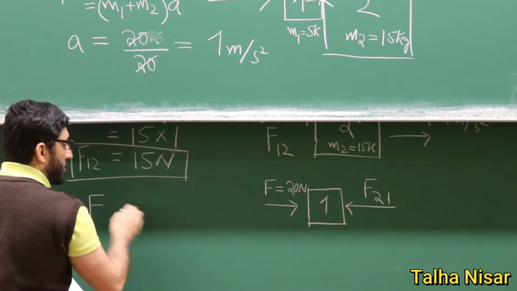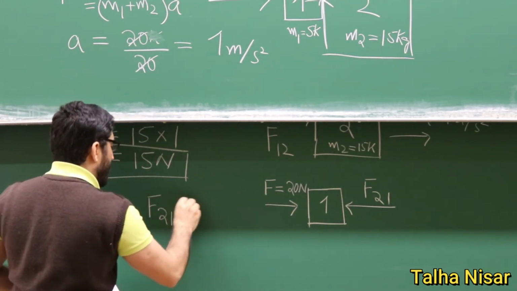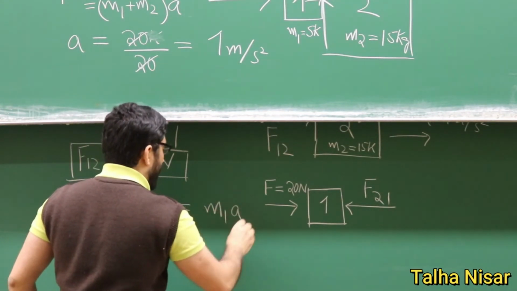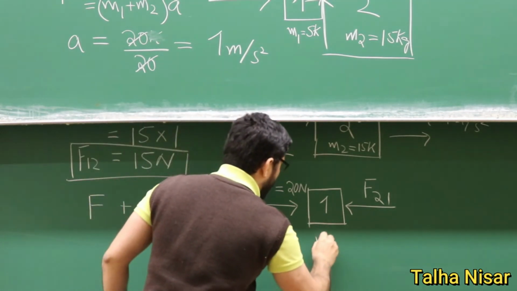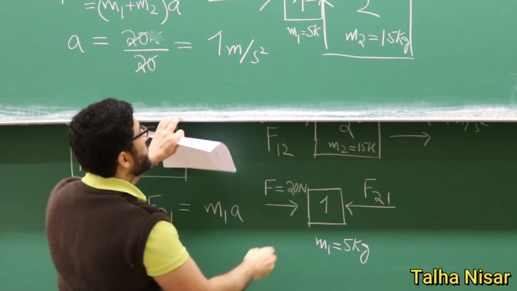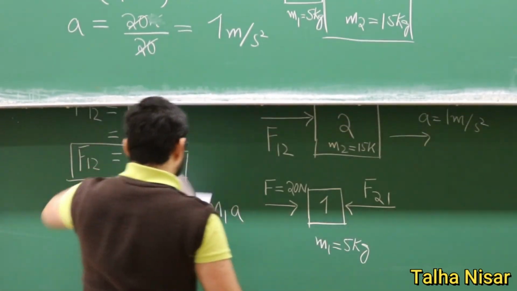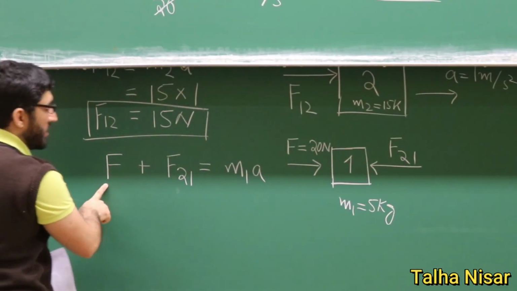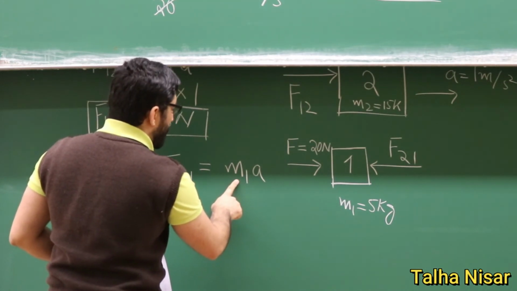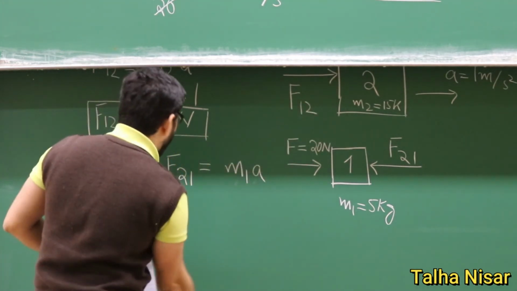So we have this force plus F21, which must be equal to M1A. M1 is 5 kgs, this force is 20, we have the 5 kilogram mass, and the acceleration that we calculated in the beginning is 1.